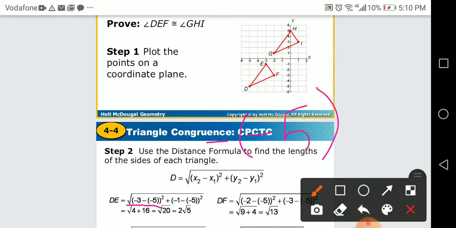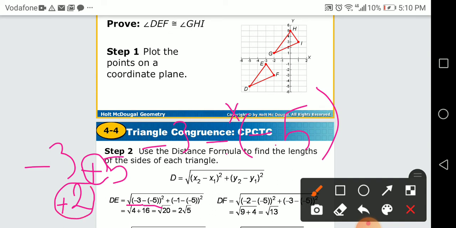Please remember, dear students, negative multiplied by negative gives positive. So it will be negative 3 plus 5. How can I solve it? Make the subtraction easily: 5 minus 3 is 2. Take the sign of the greater number, so it will be positive 2, squared.